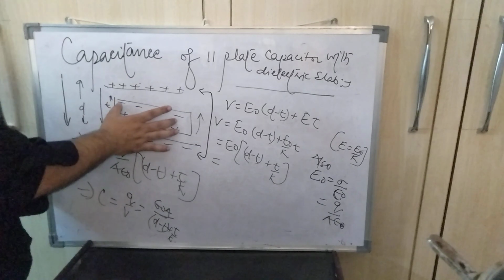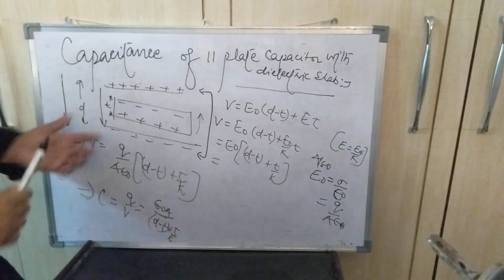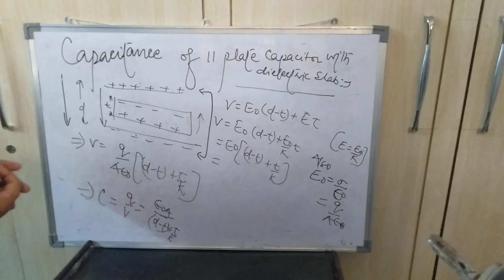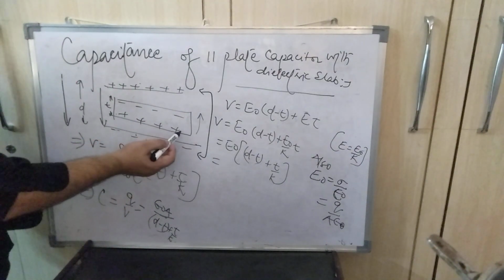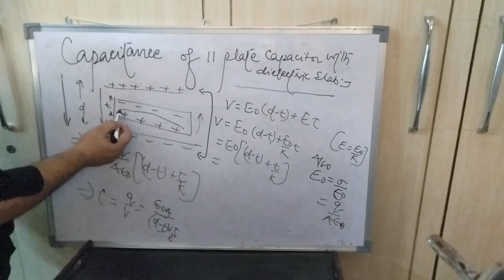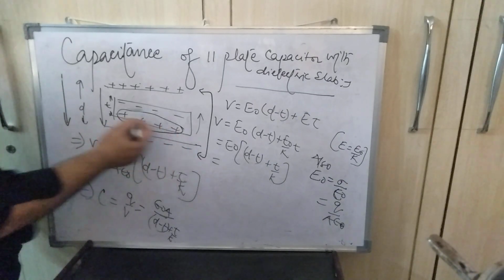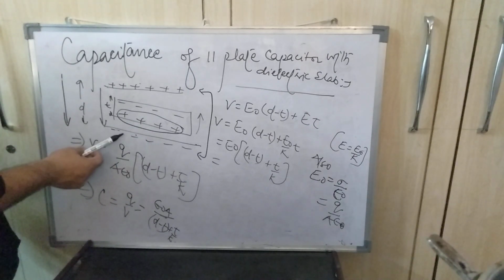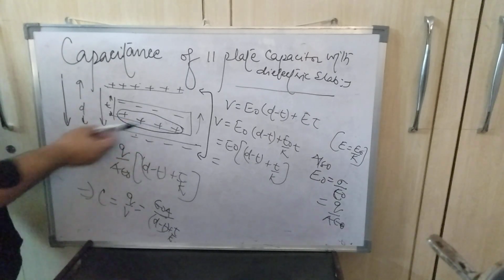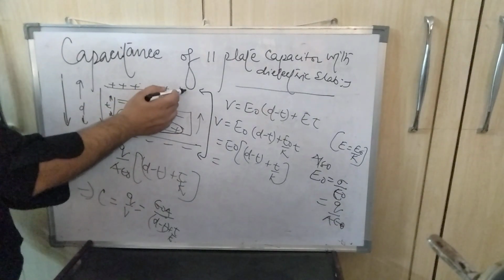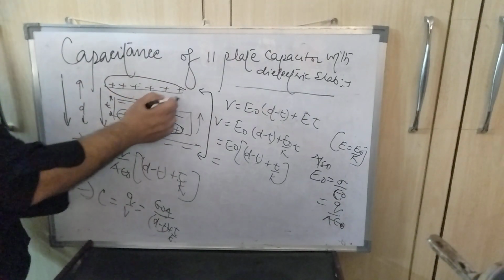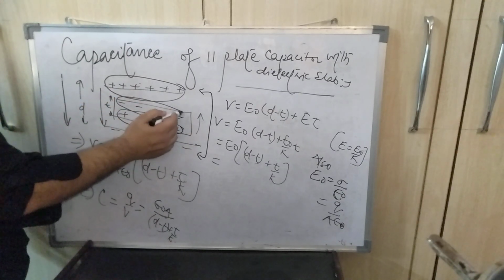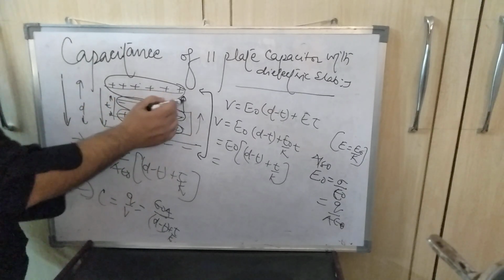Now when we place a mica slab between them, you can easily see by induction that one side of the slab would carry positive charge, because the negative charge is attracted by the positive plate. Similarly, the positive ions attract the electrons of that slab, and that's why the negative charge has been shifted towards there.